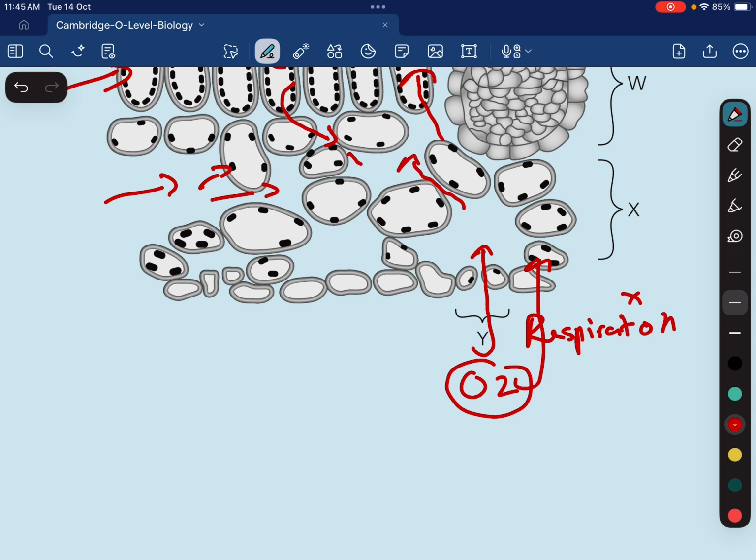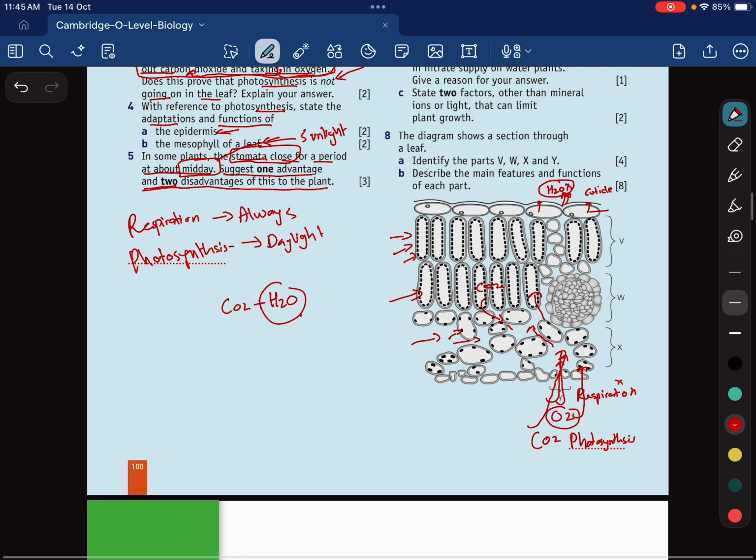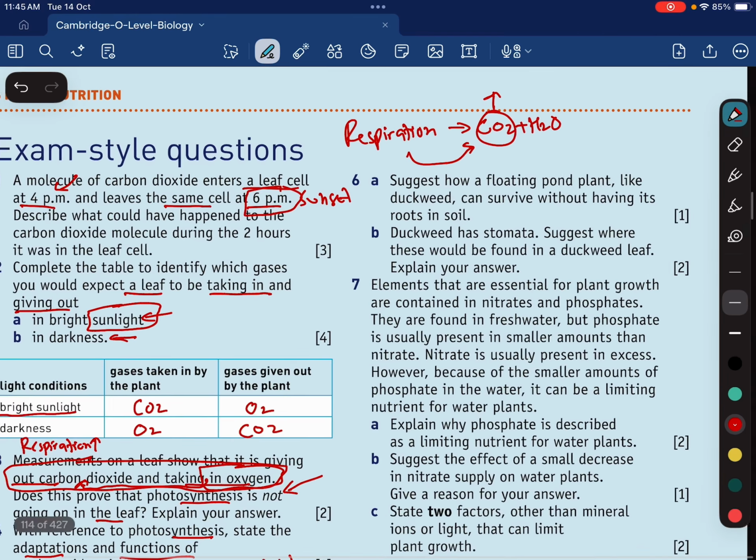If oxygen is unable to enter into the leaf through the stomata, respiration is unable to occur. If carbon dioxide is unable to enter through the stomata into the leaf, photosynthesis is unable to take place. So very crucial things. They're really getting into your concepts over here.